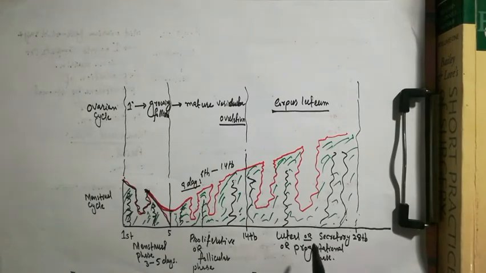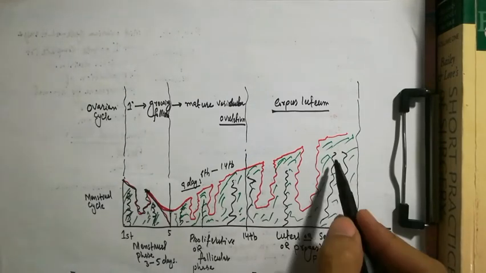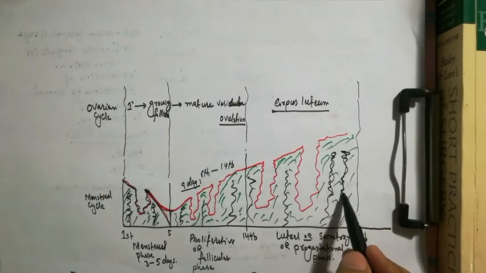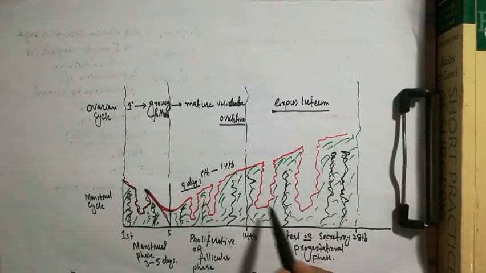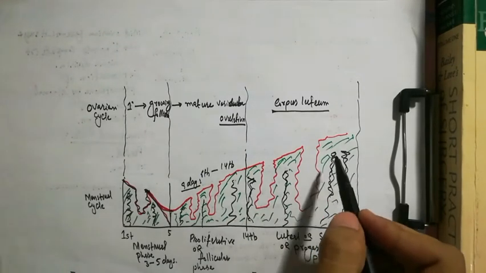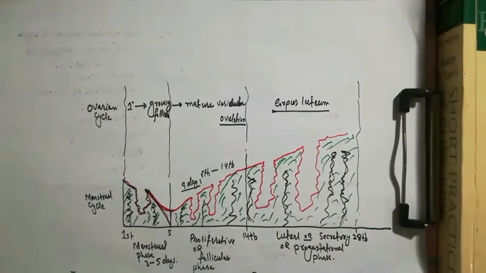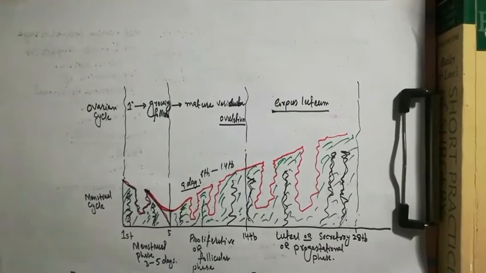During this luteal or secretory or progestational phase, spiral arteries become more coiled, and arteriovenous fistula also occurs. Fistula is a connection between two epithelial surfaces, and a connection between arteries and veins is an arteriovenous fistula.